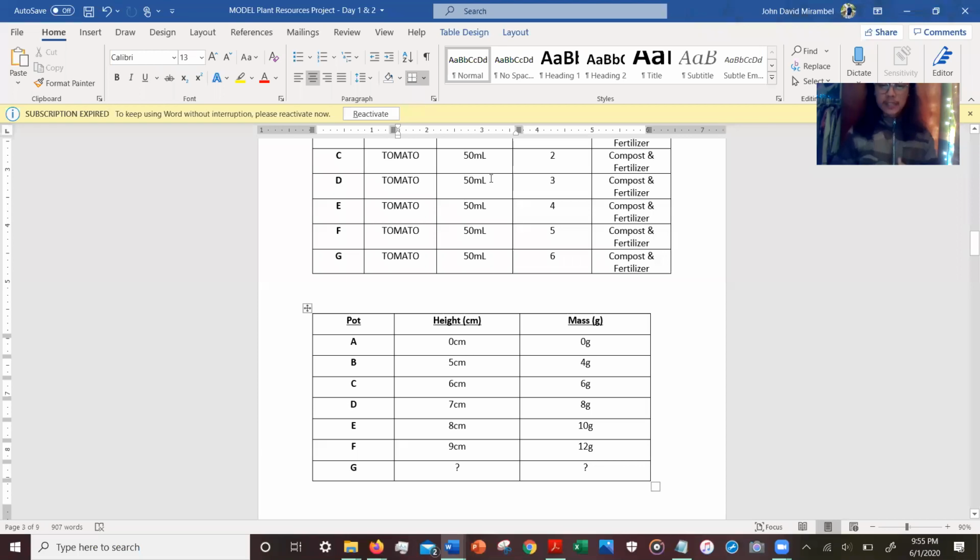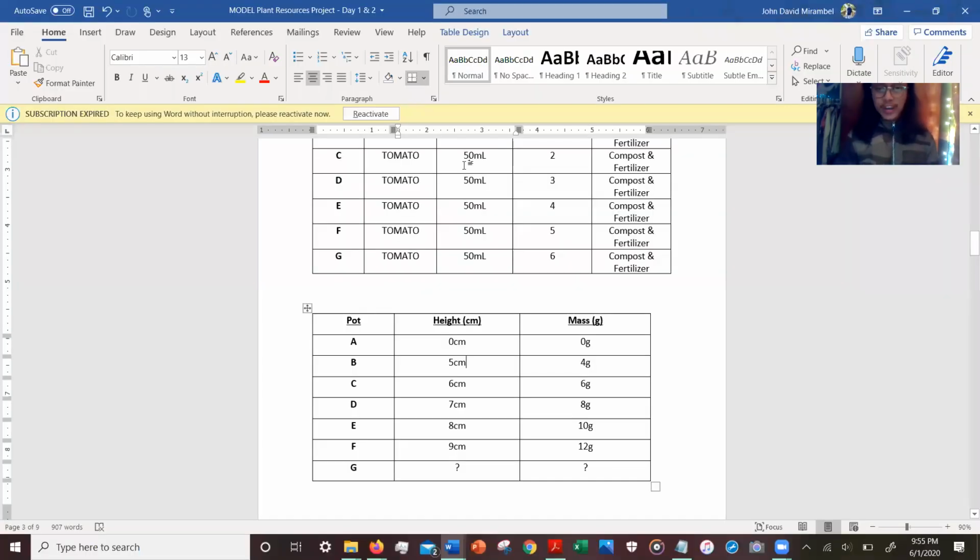So because we see this pattern of addition in the other groups, groups A through F, we can conclude that pot G has a height of 10 centimeters and a mass of 14 grams. That is how we use evidence and interpret evidence in order to come to a claim in which we will support with that evidence and interpretation.